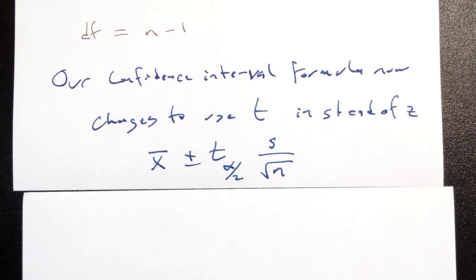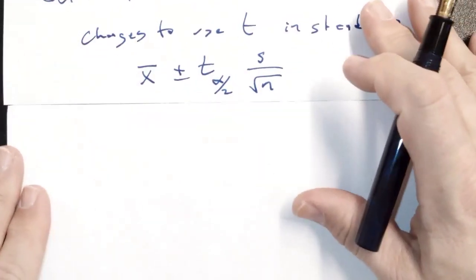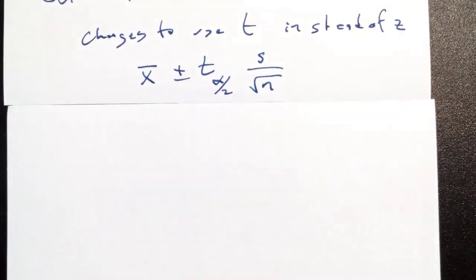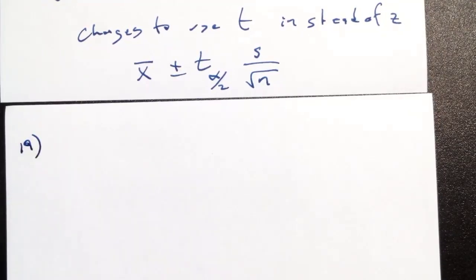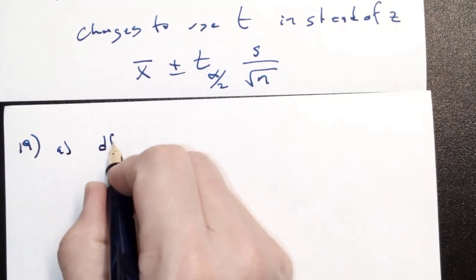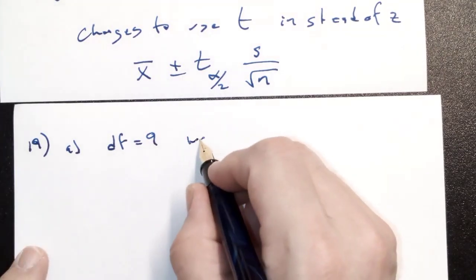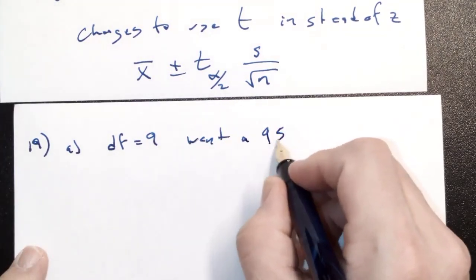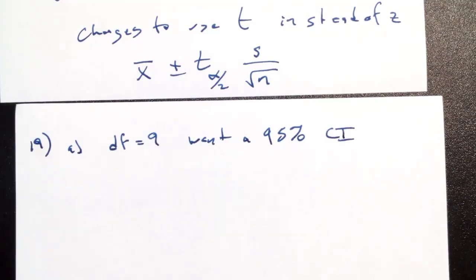An example. If I tell you that we have a degree of freedom of 9, or 9 degrees of freedom, and we want a 95% confidence interval, I'm going to need a t-value.